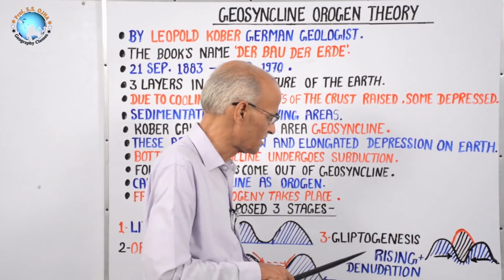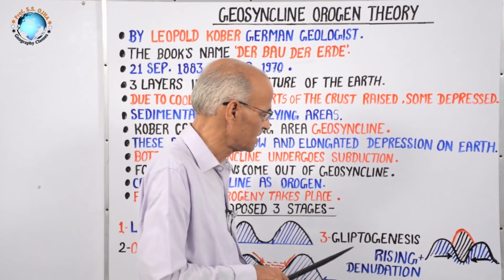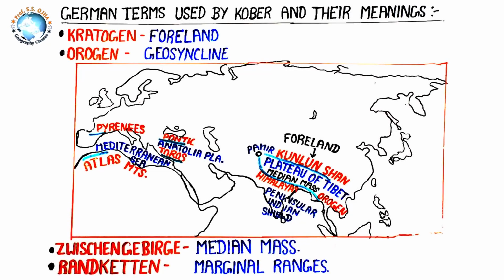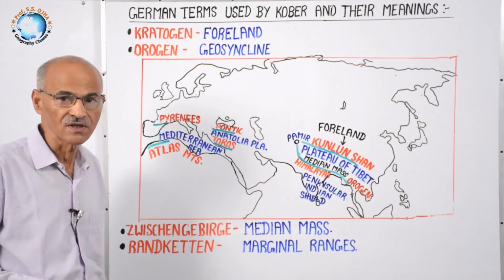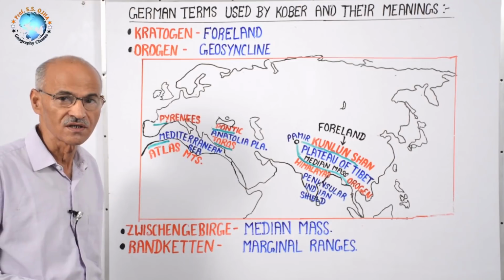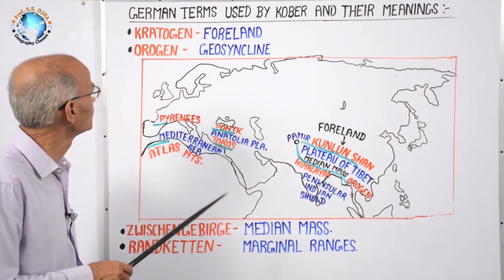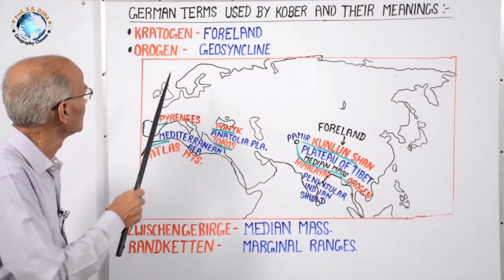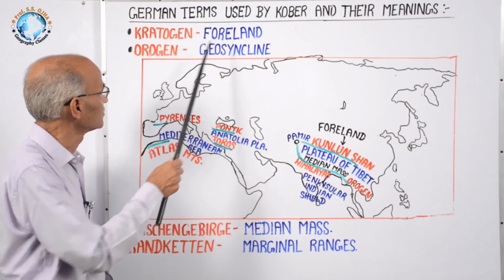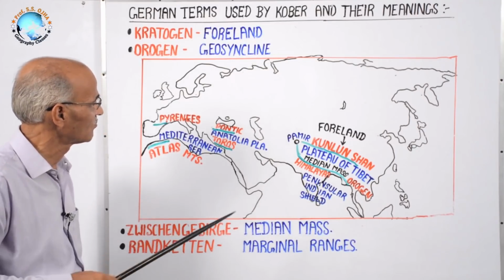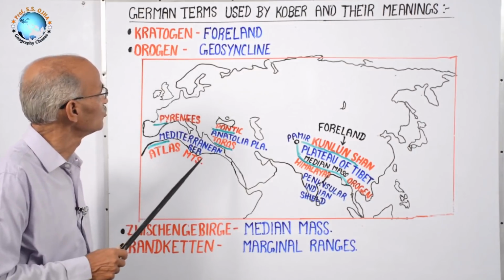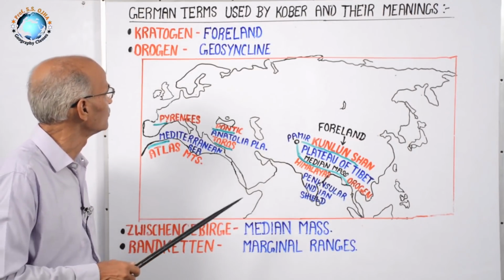Now, let us try to understand his examples in the world. KOBER postulated his theory and wrote it in the German language. He used 4 technical terms that you should keep in mind, along with their English versions. And in this world map, you will see how these words used by KOBER have been used.